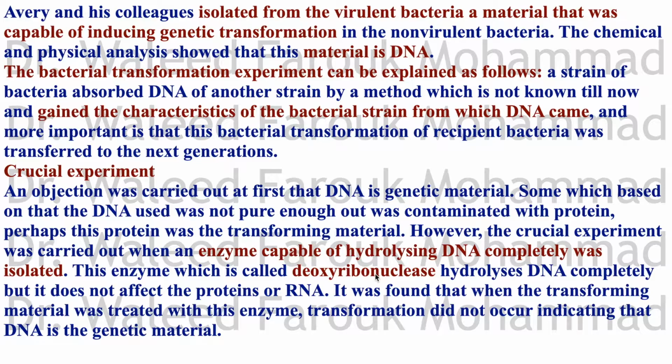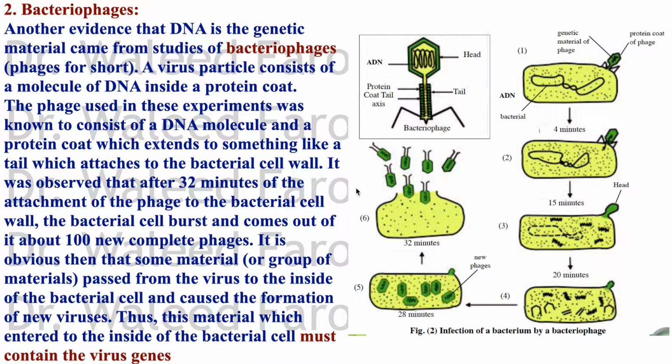But then they discovered the hydrolyzing enzyme called deoxyribonuclease, which can hydrolyze DNA completely but not RNA, and they applied it on the transforming material, and transformation did not occur. Why? Because the DNA was destroyed. So this proves that DNA carried the genetic information, or DNA is the genetic material.